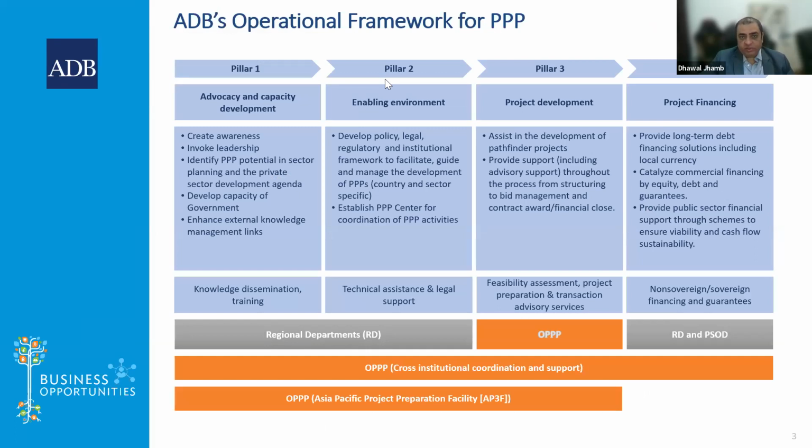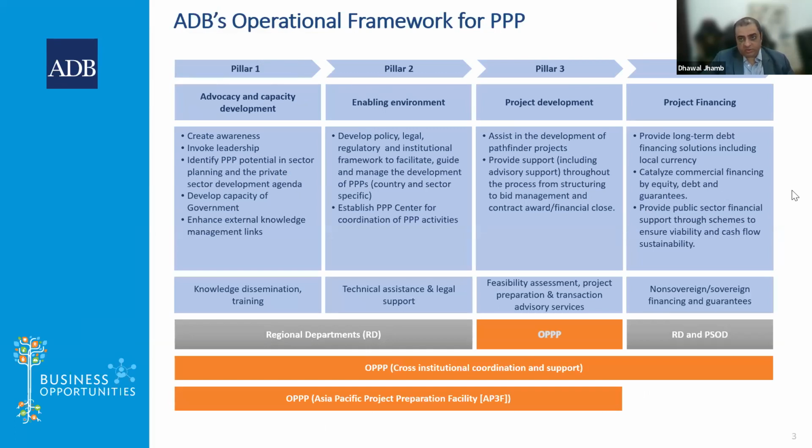So in terms of ADB's operational framework for a PPP, the whole range of the whole environment can be spread across four pillars, and we have tried to show it here from pillar 1 to pillar 4. The first one is advocacy and capacity development.